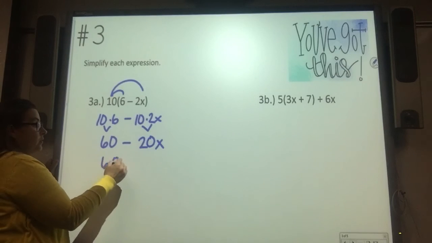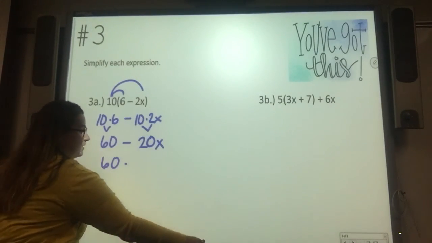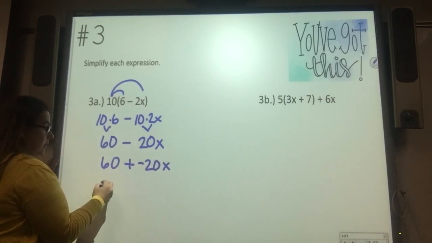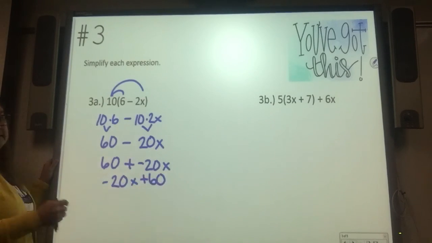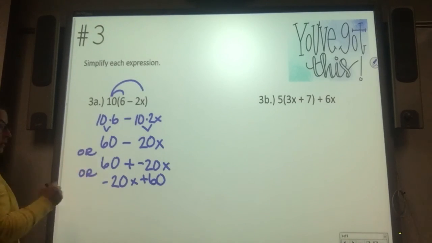Again, multiple ways to write it. Made a mistake there. Plus negative 20x. Negative 20x plus 60. Any one of these work.